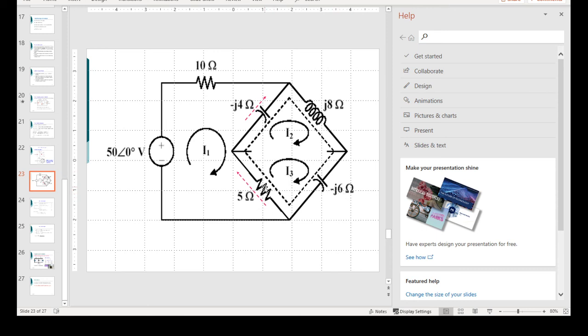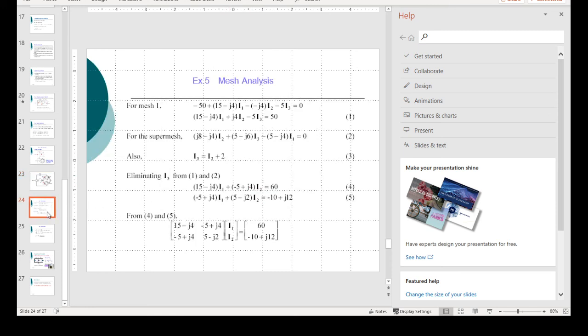When you come here, you have got I3, which is in this direction, and you have got I1, which is opposing it. So the net current there will be I3 minus I1. So the drop here will be 5 in brackets I3 minus I1. So those four drops you add together and equate them to 0, and that gives you this equation here.